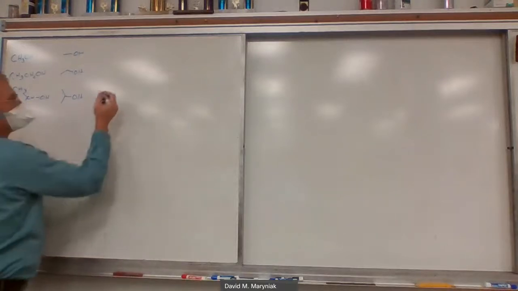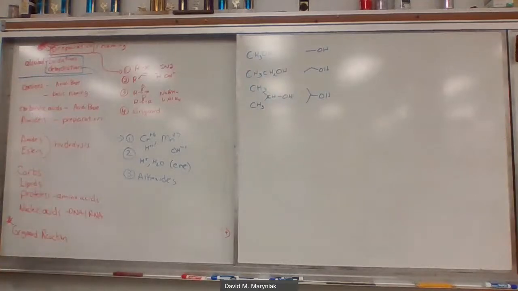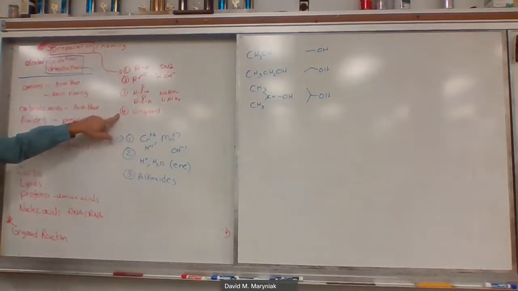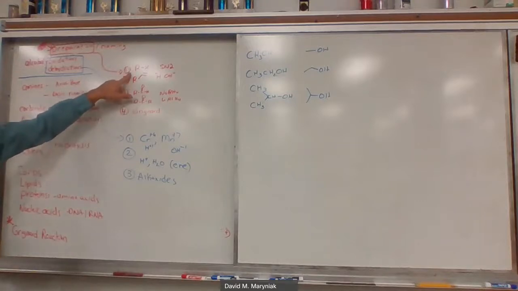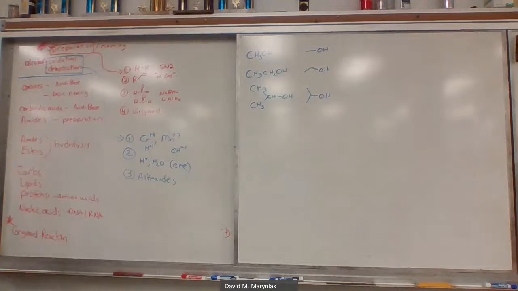So what I want to make sure we've gone over is naming alcohols and how do we make alcohol. So we're going to talk about 4 different ways to make alcohols. 2 of them are a review. Number 1, what's X? Any halogen.